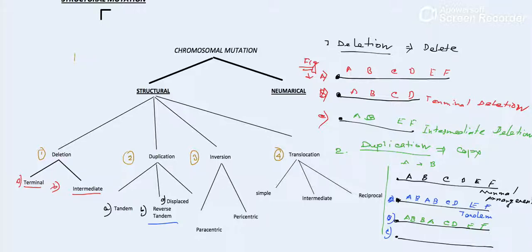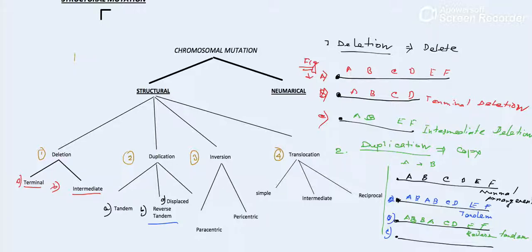The AB gene is present twice in this chromosome, which is not present in the normal arrangement, but here it is in a reverse fashion. So we can say it is reverse tandem duplication.